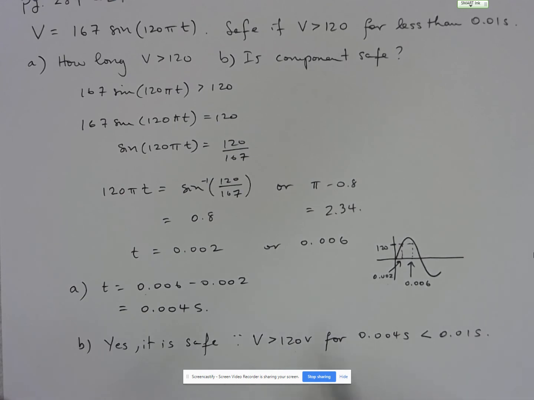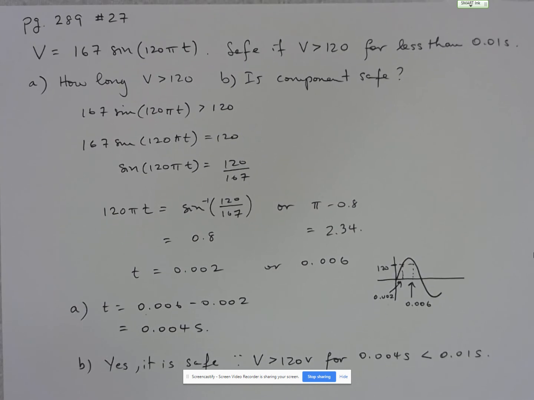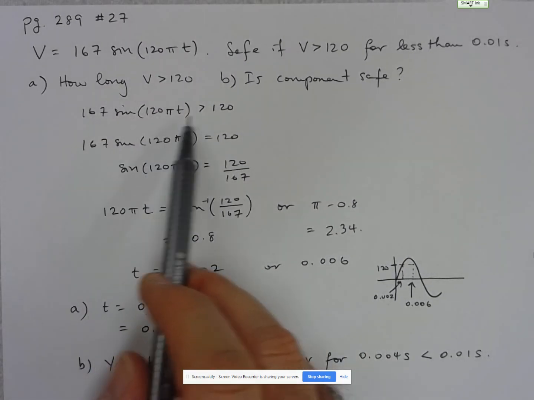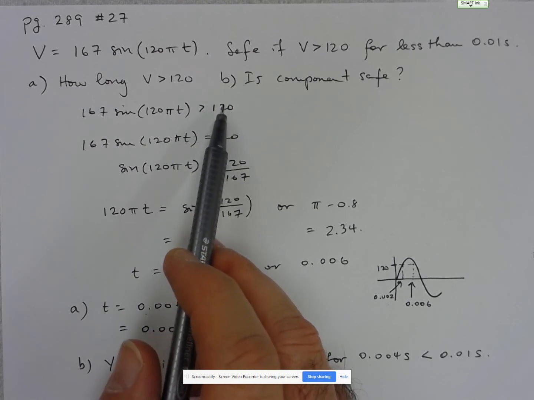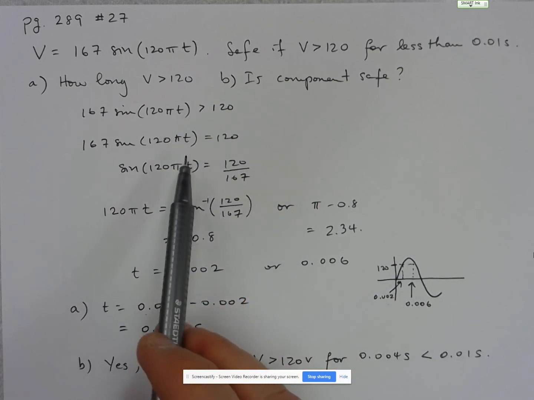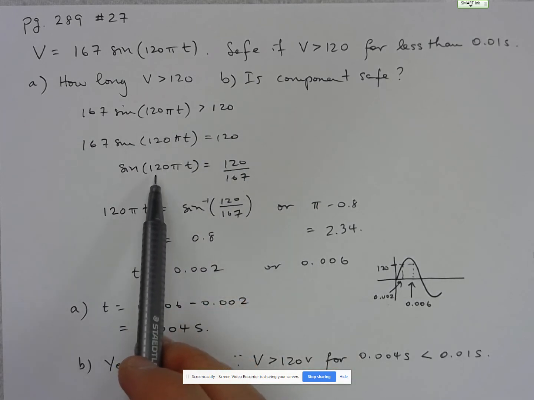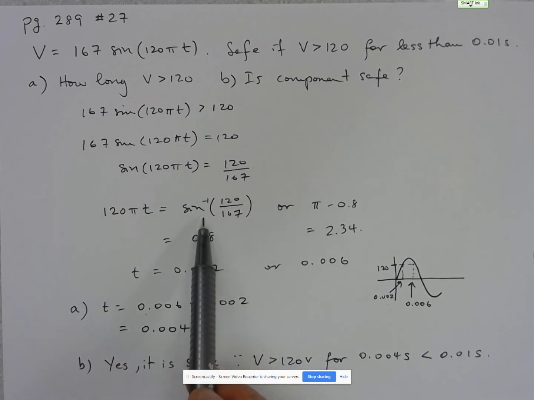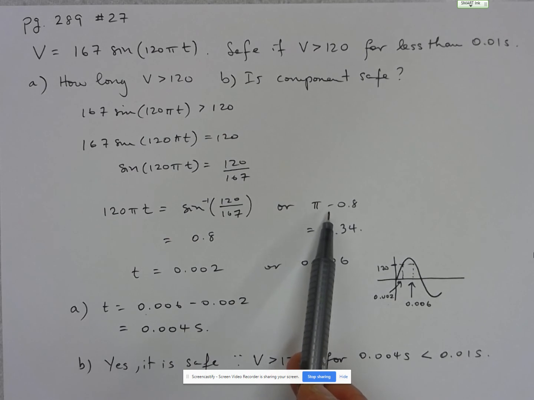All right, so just to recap here, step number one was to realize that we were solving this inequality. We need to determine when the voltage was greater than 120, but we do that by first determining when it's equal to 120. And we solve that by using our regular algorithm for solving trig equations. Isolate the trig ratio, determine your two answers using the inverse sine function and your related angle identity.